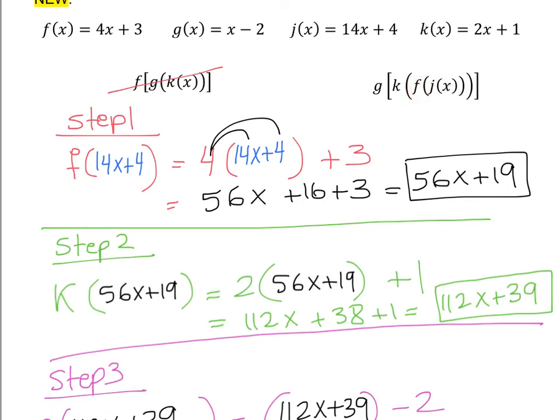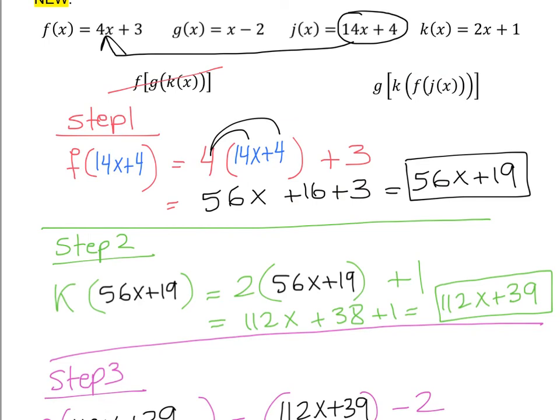F is basically 4x plus 3. So you need to plug in j, 14x plus 4, into the x. As you can see, I did 4 parentheses plus 3, and the j went in the parentheses. You distribute and you simplify to get 56x plus 19.